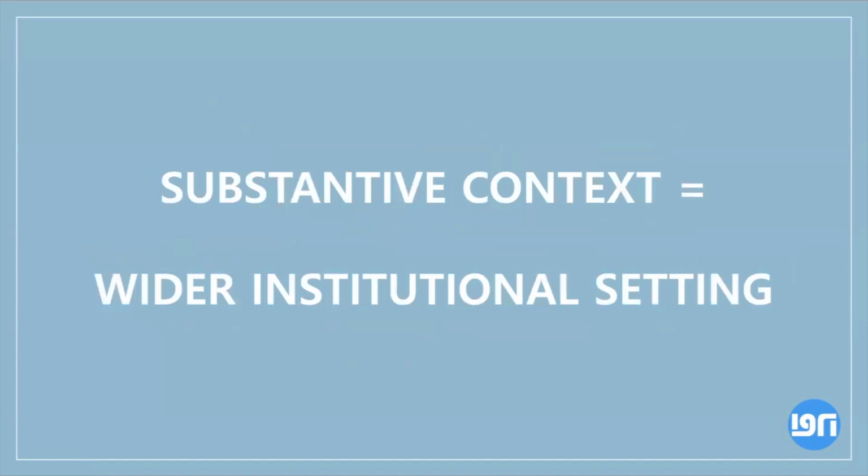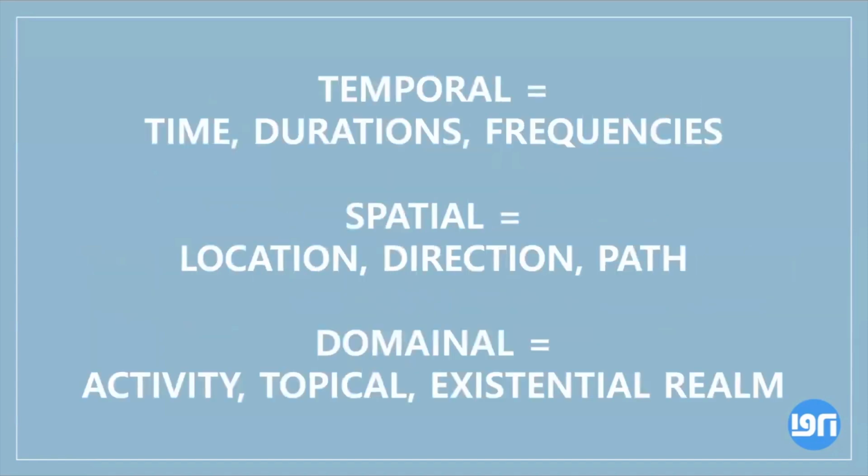Substantive context gives information about the wider institutional setting. That information could be temporal, specifying points in time, durations, or frequencies; spatial, indicating location, direction, or path; or domainal, detailing an activity realm, a topical realm, or an existential realm.